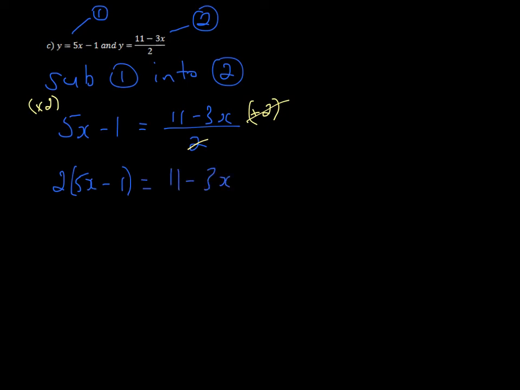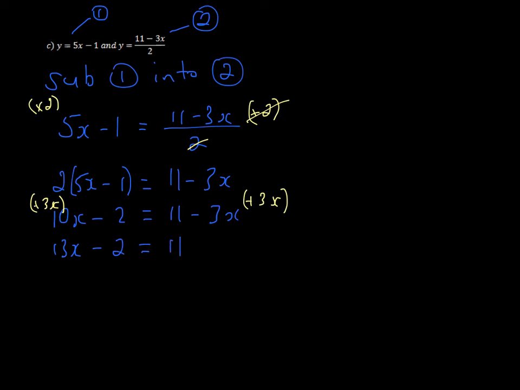Now I need to expand out. So 2 times 5x is 10x. 2 times negative 1 is negative 2. Alright, now let's collect all the x's to the left hand side. I need to add 3x to both sides. That'll make it 13x minus 2 equals 11.